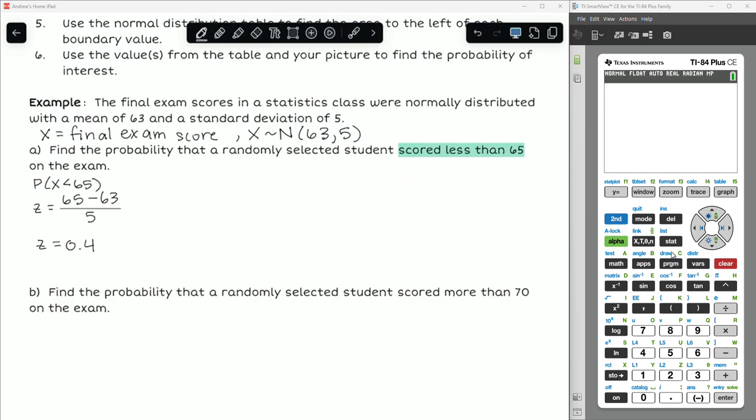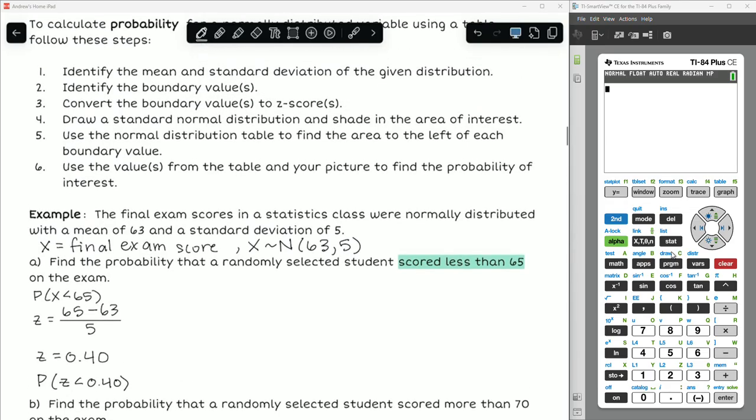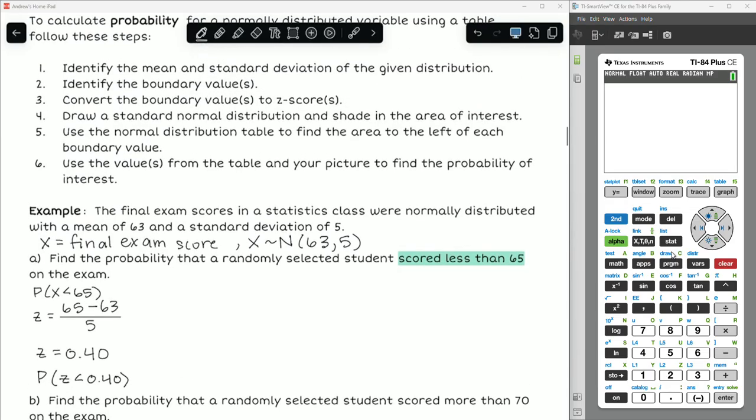You might check. I'm going to write that to 2 decimal places, 0.40. So in terms of z-scores, I'm looking for the probability that a randomly selected student in this statistics class has a z-score that is less than positive 0.40. Scrolling back up to my step list, I'm now halfway done. I've done steps 1, 2, and 3.